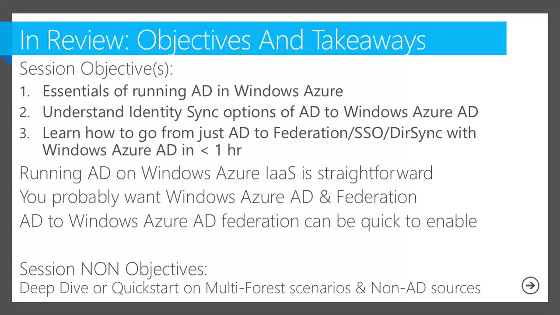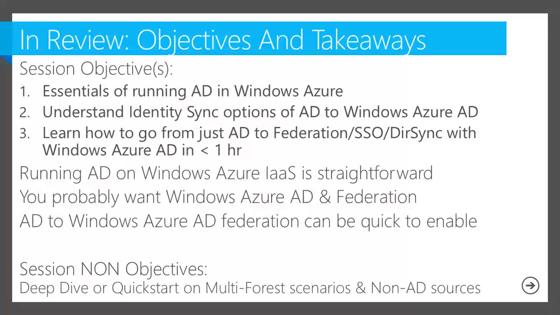So hopefully what you've seen are the essentials of running Active Directory in Windows Azure. You all feel more comfortable about that? Good. Understanding identity sync options going from AD to Windows Azure AD. We good there? Yes, thank you.